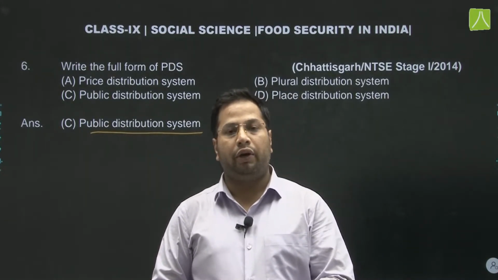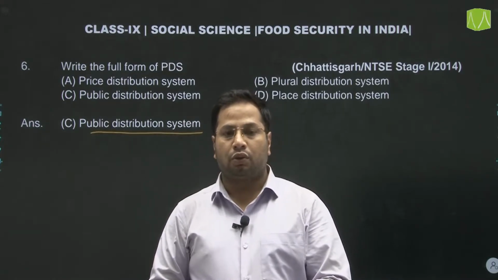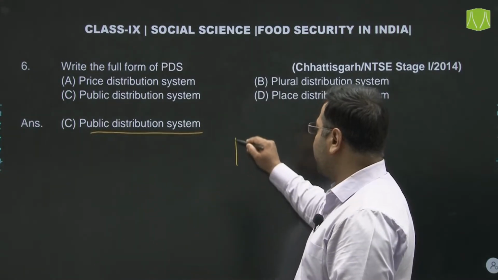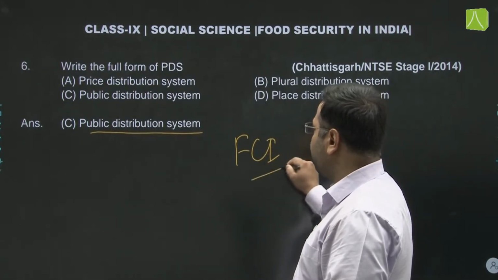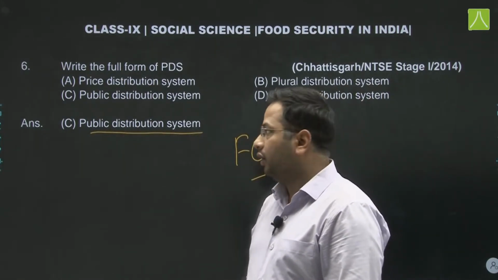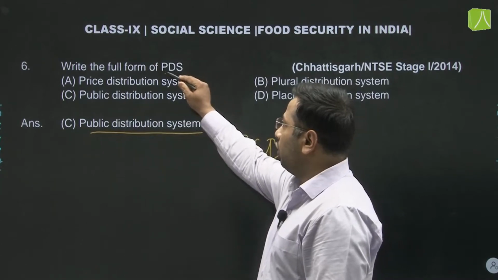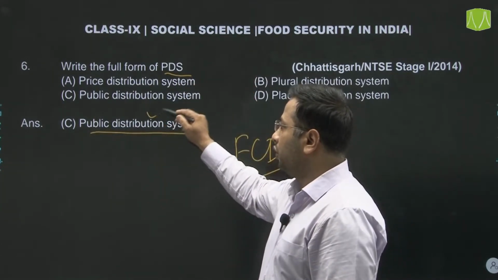Meanwhile it is stored in the godowns of FCI or the granaries, that is Food Corporation of India. So the full form of PDS will be public distribution system.